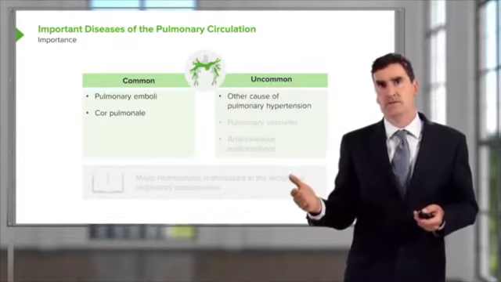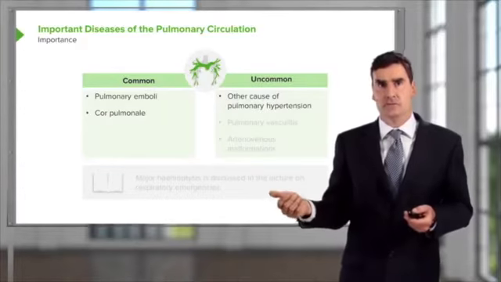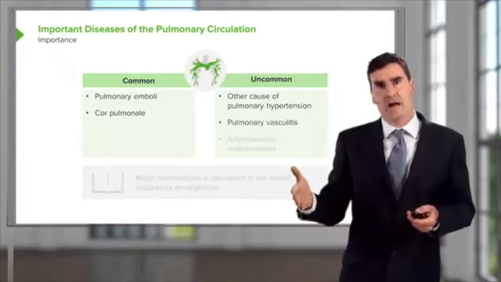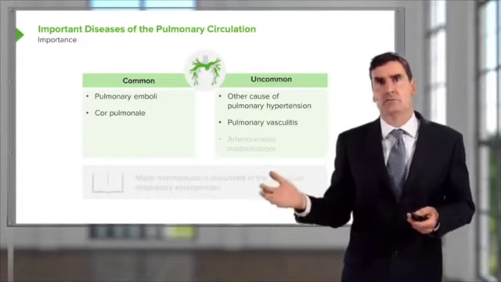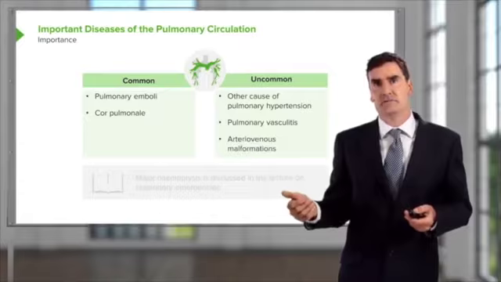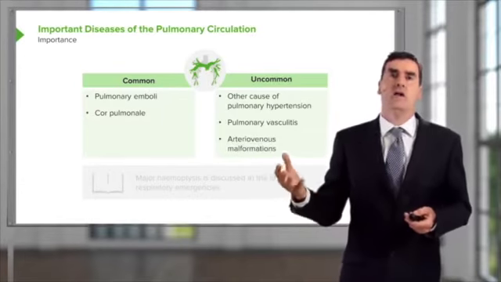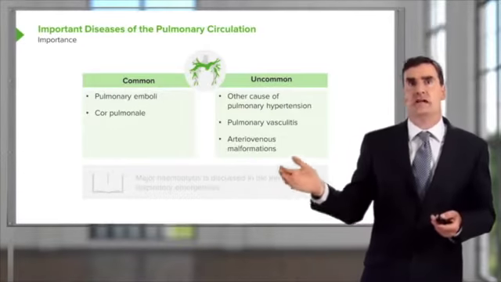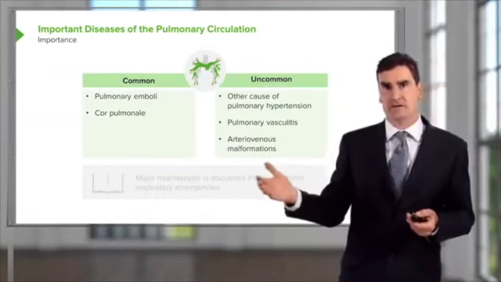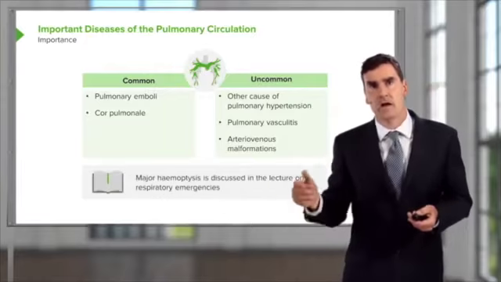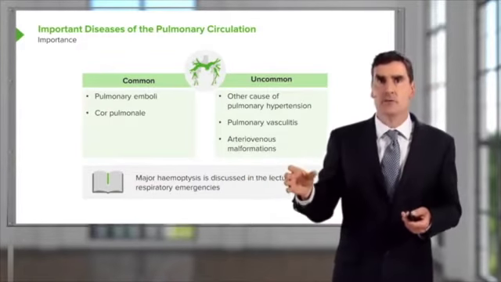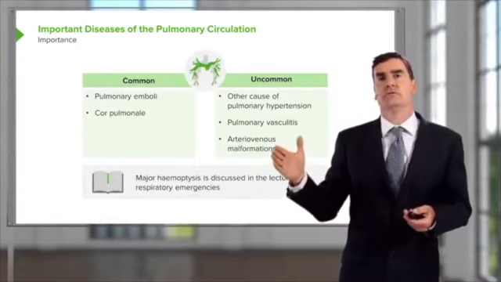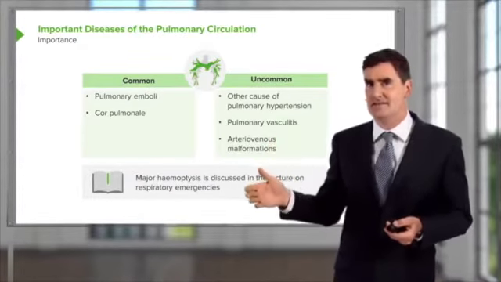Less common problems are pulmonary hypertension, which is independent of pulmonary, i.e. not associated with chronic hypoxic lung disease, rare inflammatory disease of the pulmonary circulation called pulmonary vasculitis, and arteriovenous malformations, which is where a pulmonary artery is directly connected to a pulmonary vein, and this is a congenital abnormality, which is very rare, and I'm not going to discuss in any more detail today. Major hemoptysis, which might be considered a problem of the pulmonary circulation, is discussed in the lecture on respiratory airways disease.